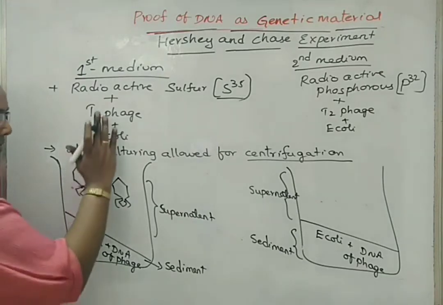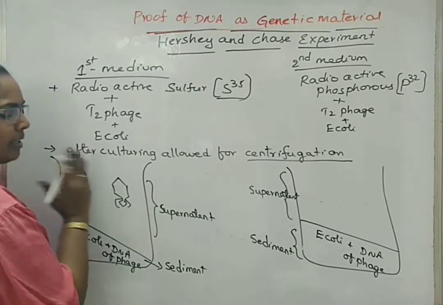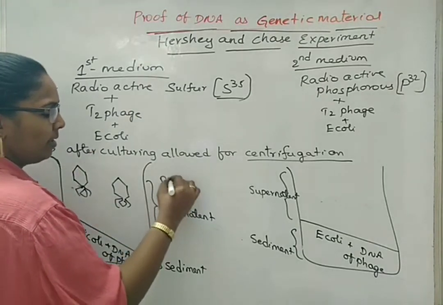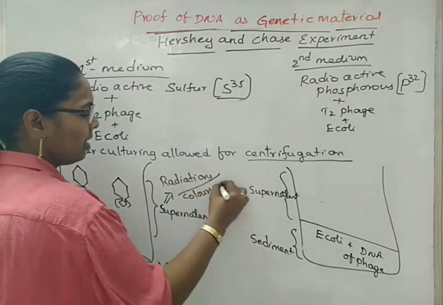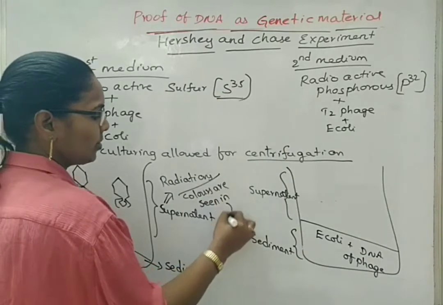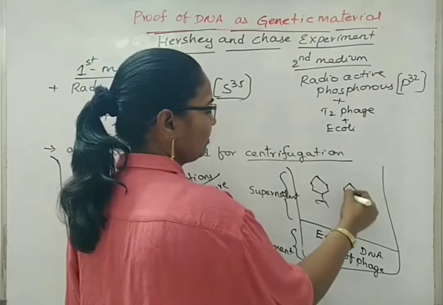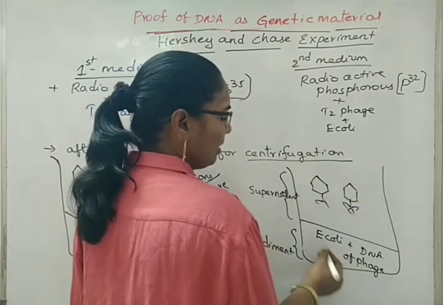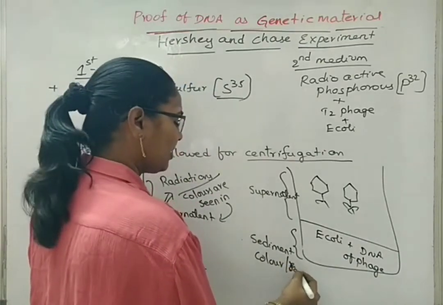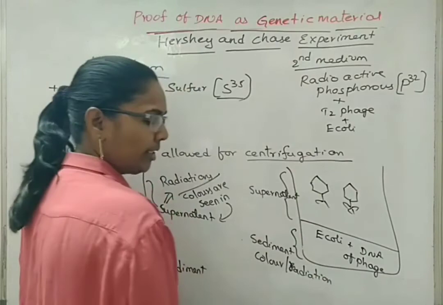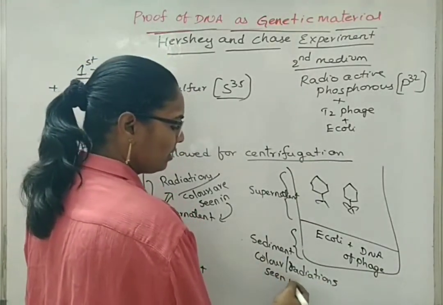Means in the first one, we see the radiations or the coloring of the particles only in the supernatant. Radiations or colors are seen in supernatant. In case of this, again still the protein coats are present here, but color or radiation when exposed to UV rays, the radiations are seen in sediment.